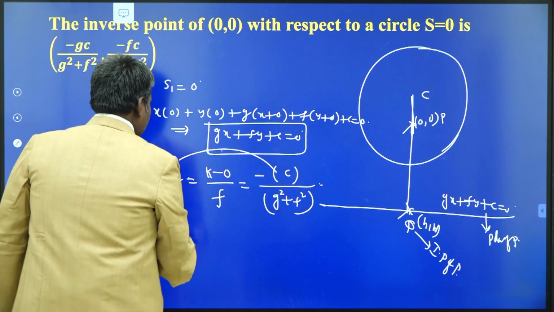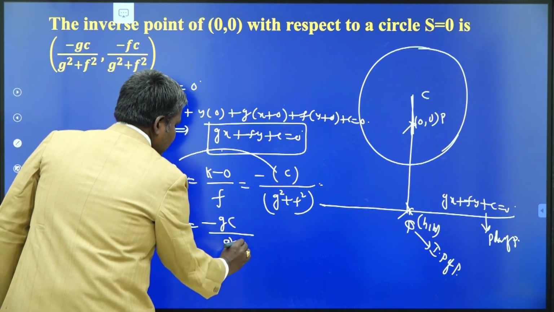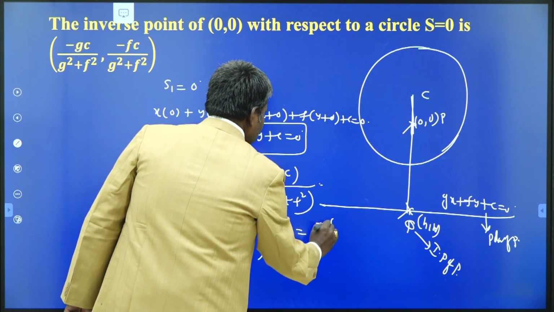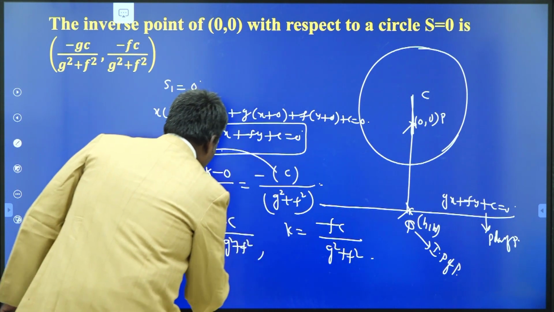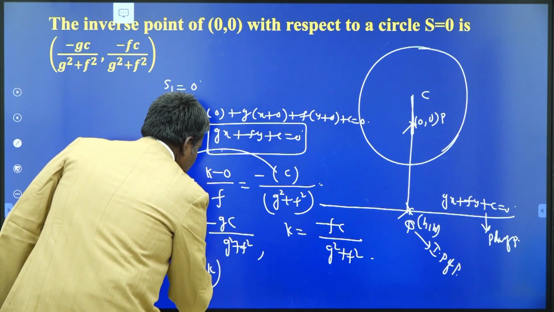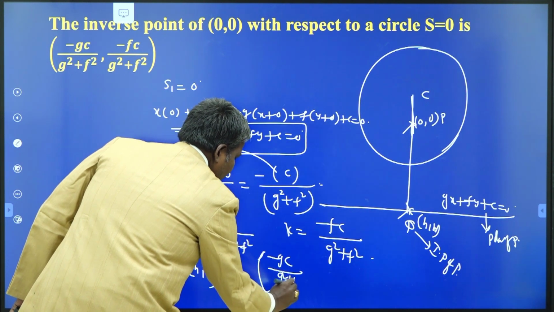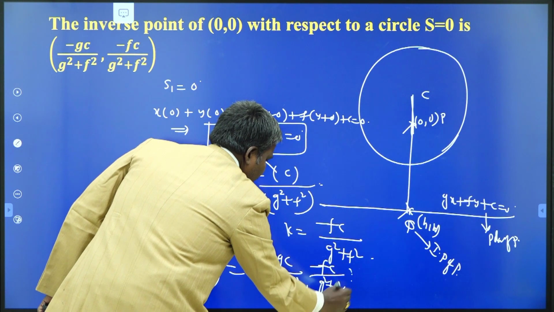Equate these, we get h = −gc/(g² + f²) and k = −fc/(g² + f²). So we have (h, k) as (−gc/(g² + f²), −fc/(g² + f²)).